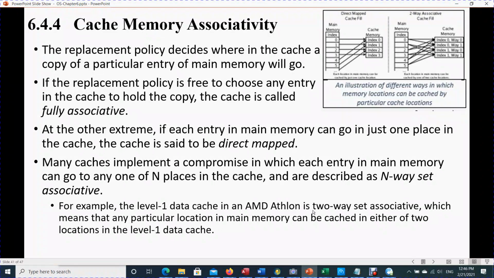An AMD Athlon is two-way set associative. Any location in main memory can be cached in either of two locations in level 1 cache.